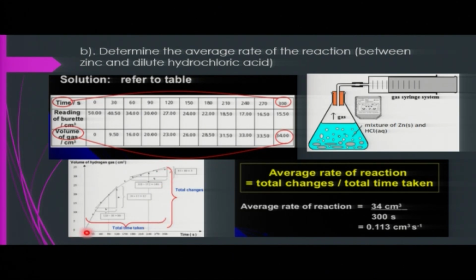Then from the starting point, which is 0, if you use that scale, it will be 34 minus 0, which directly gives you 34. Then the change in time will be the highest point of the experimentation, which is 300 minus 0, which again gives you 300. So either directly from the table or from the graph, it would give you the answer.